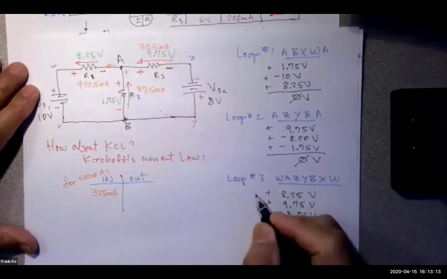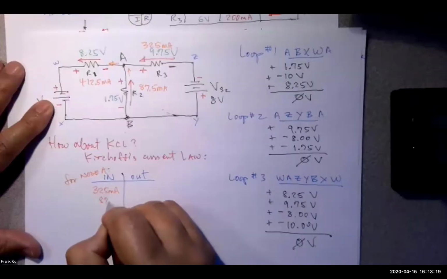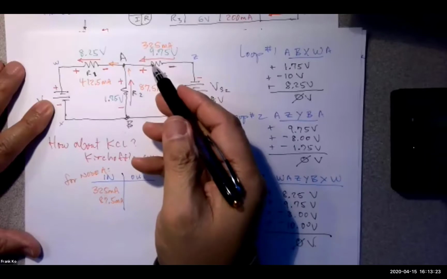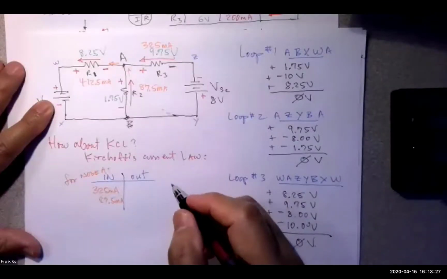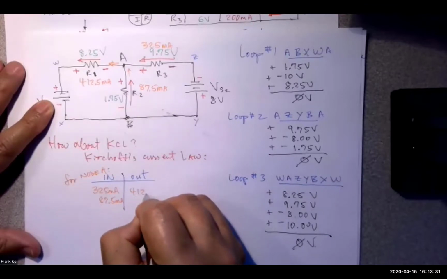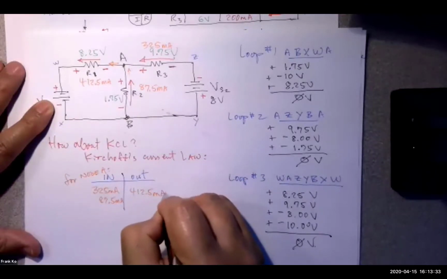Do I have anything else going into node A? Yes, 87.5 milliamps. Do I have anything else going in? No. Do I have something coming out of node A? Yes. So that should be in this column. Works out to be 412.5 milliamps.